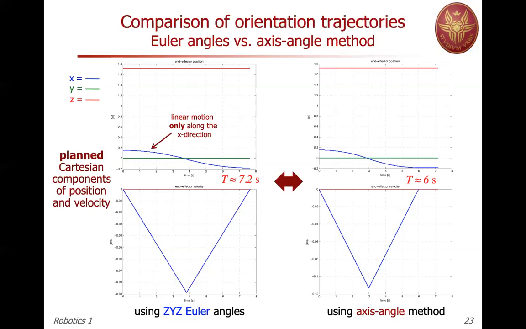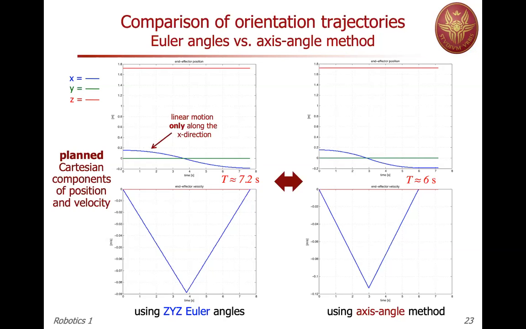So you have to remember what we did in the first example where we just used the Euler angles. We set up a problem in terms of the timing law.